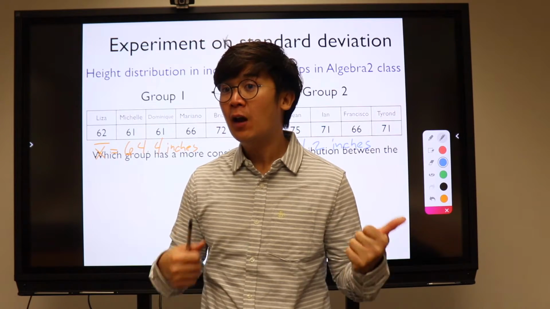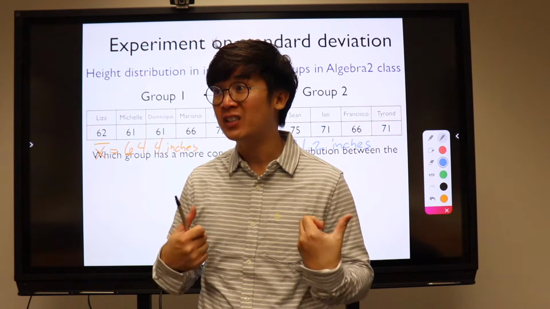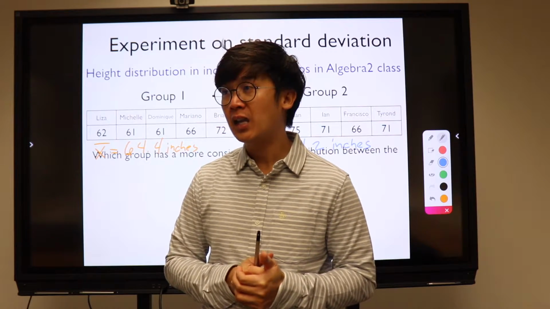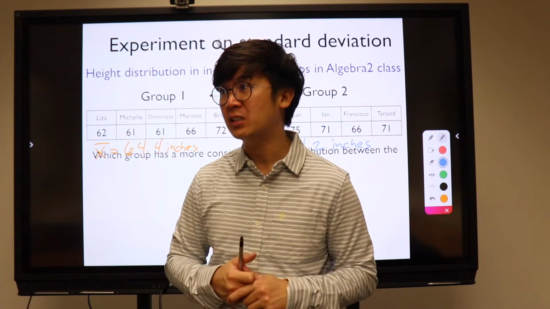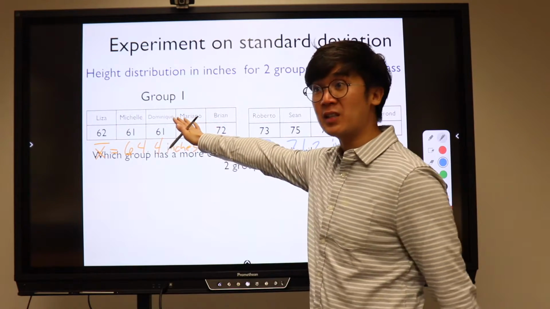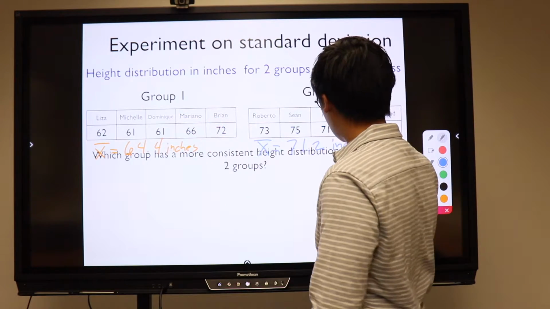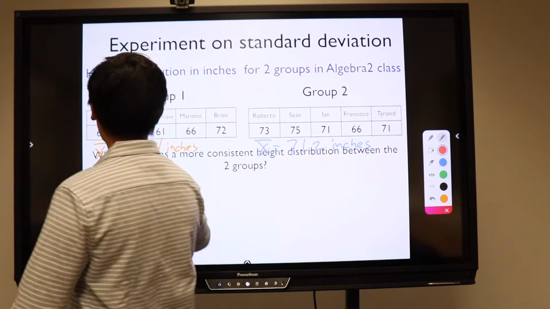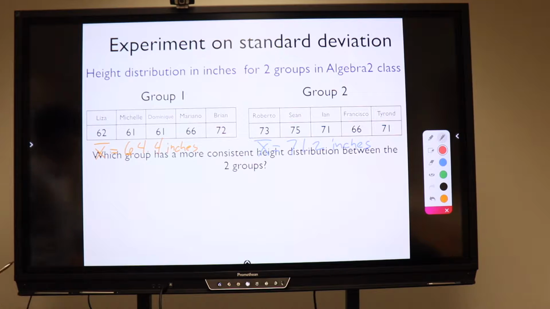So let's see which group has a more consistent height and how the standard deviation is used to produce that description. We will compute the standard deviation of this group and the other group. So let's use our table.